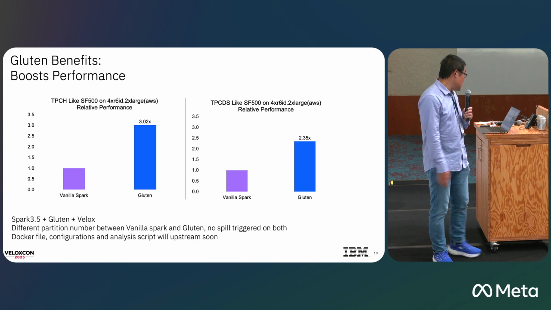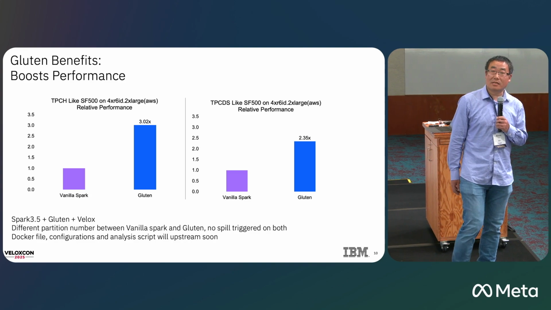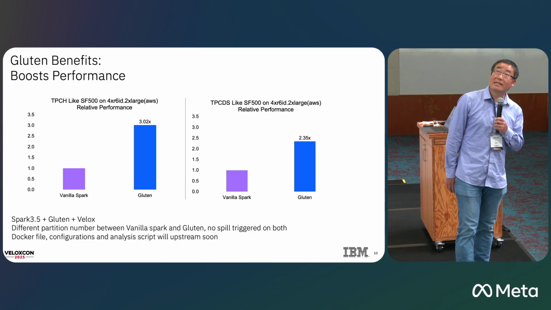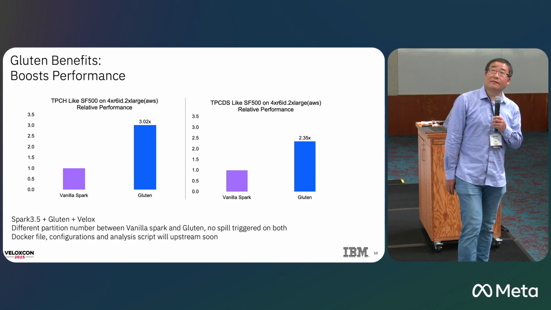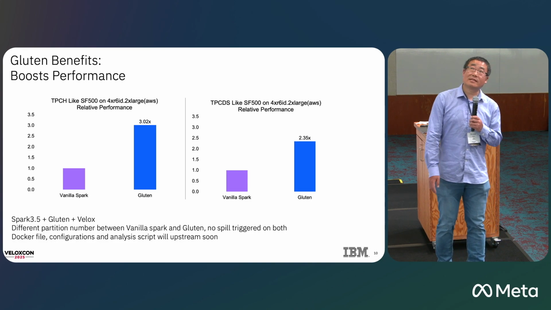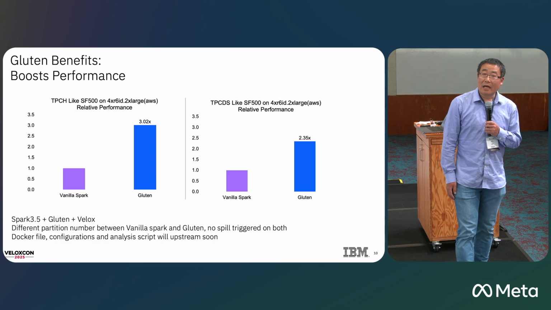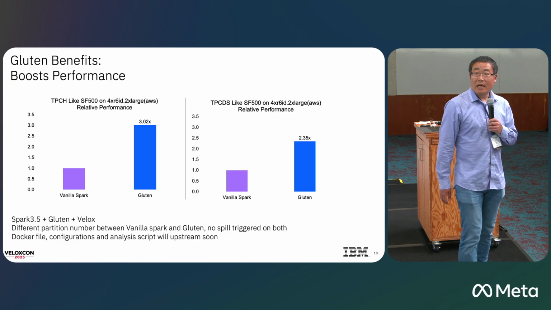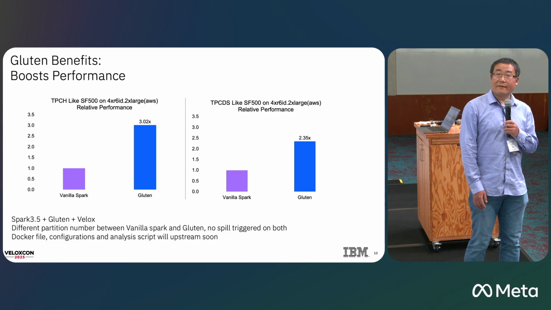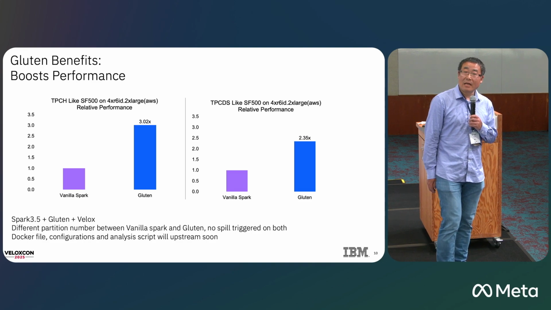And this is the Gluten performance boost benefit. The test is on AWS, on R6id.2xlarge instances, with SF500 on TPC-H and TPC-DS. We will upstream this script to Gluten so everyone can reproduce the performance numbers themselves.